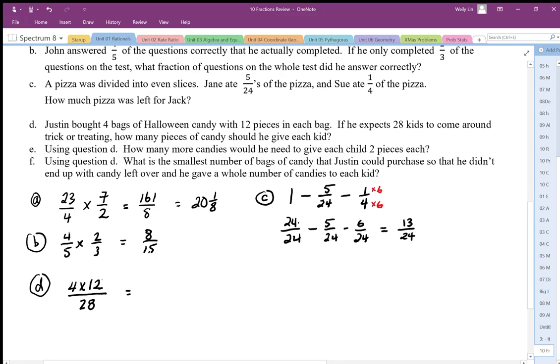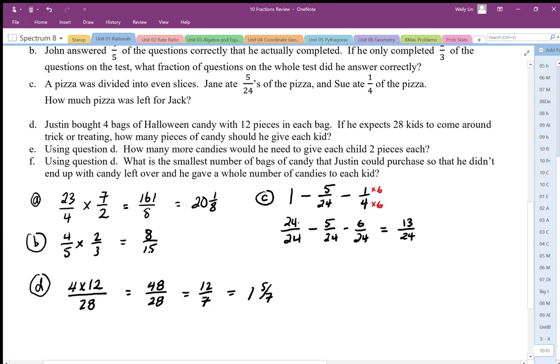So if we do this, we're going to end up with 48 over 28. We can probably get rid of some common factors here. Let's simplify first, so divide by 4. So we're going to end up with 1 5/7 of a candy for each kid.